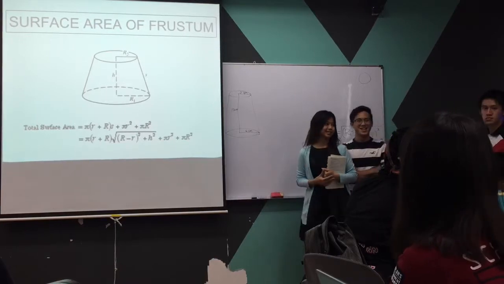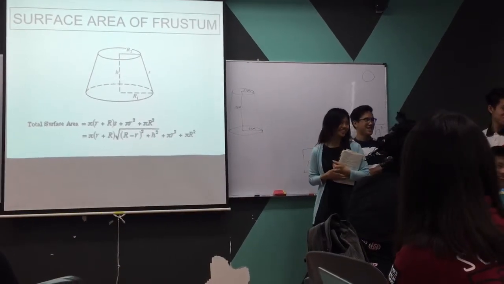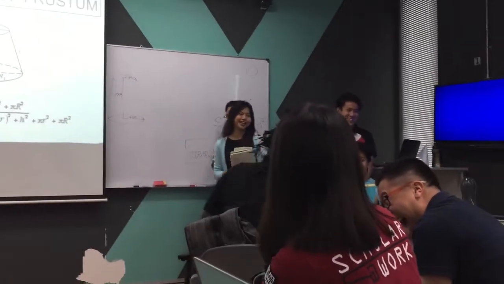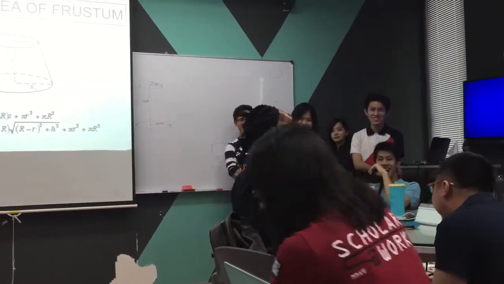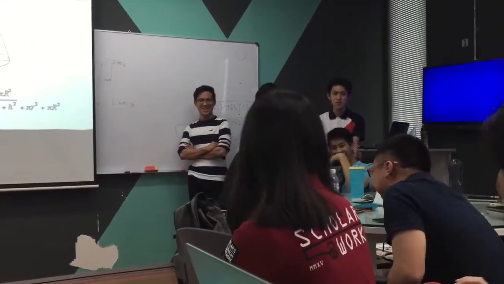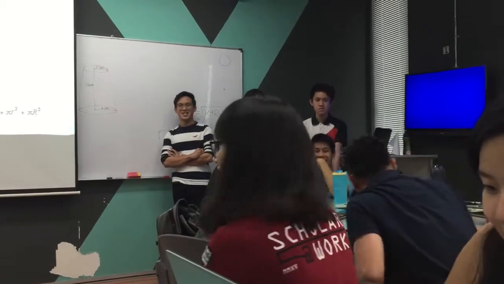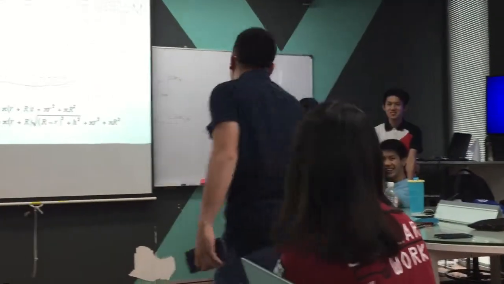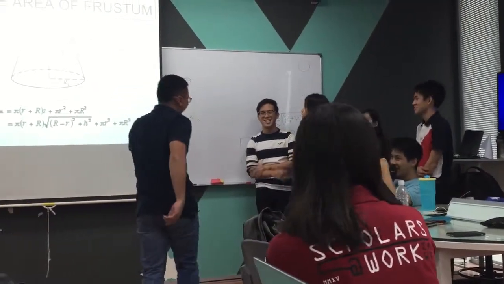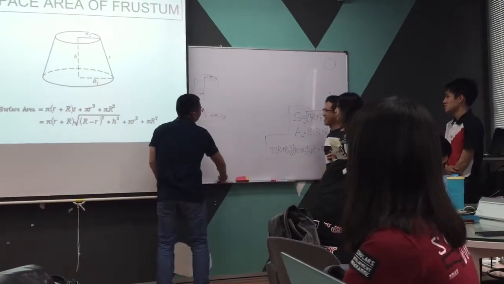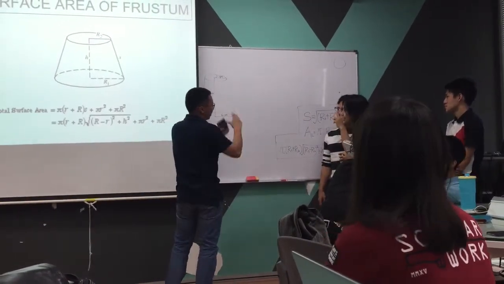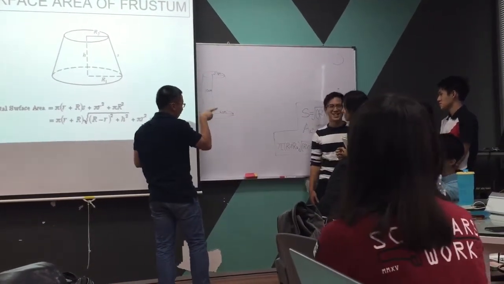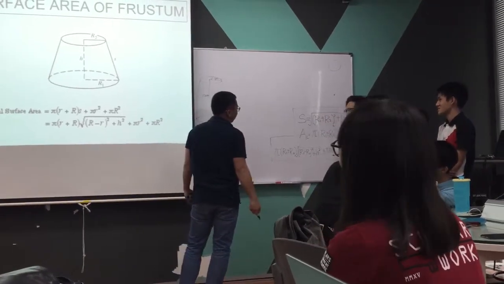You can take your calculator. You need the calculator. So, lateral surface area. Do you know what lateral surface area is? Yeah, the red one, without the circles. Okay, yeah. So look for the lateral surface area.